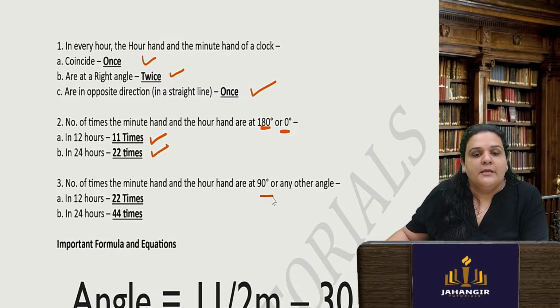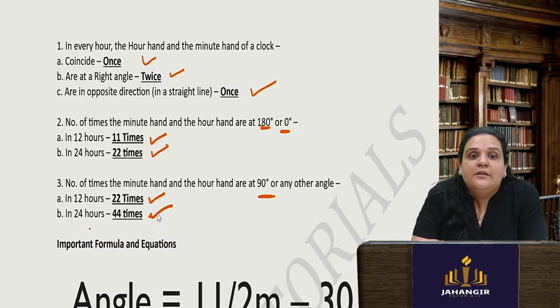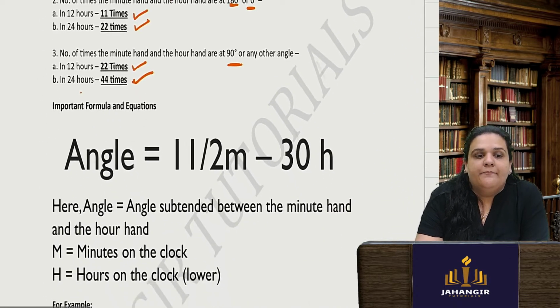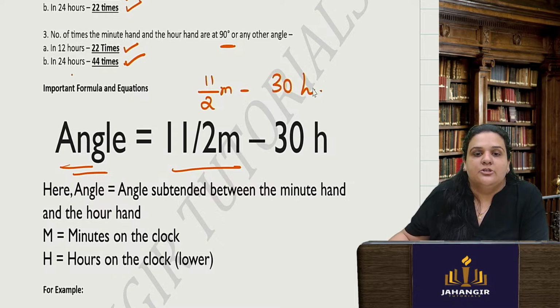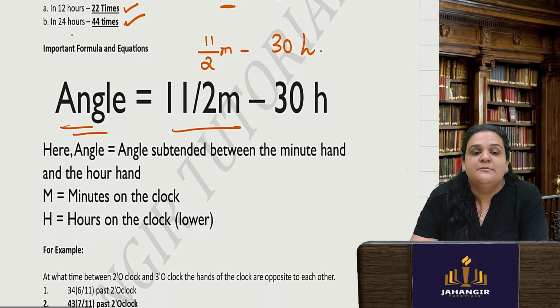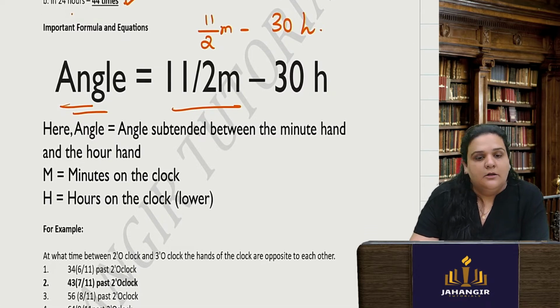To be perpendicular, in 12 hours it is 22 times, because they are perpendicular twice in an hour, and 44 times in 24 hours. The important formula is angle is equal to 11 upon 2 m minus 30 h, where m is the minutes and h is the hours on the clock.